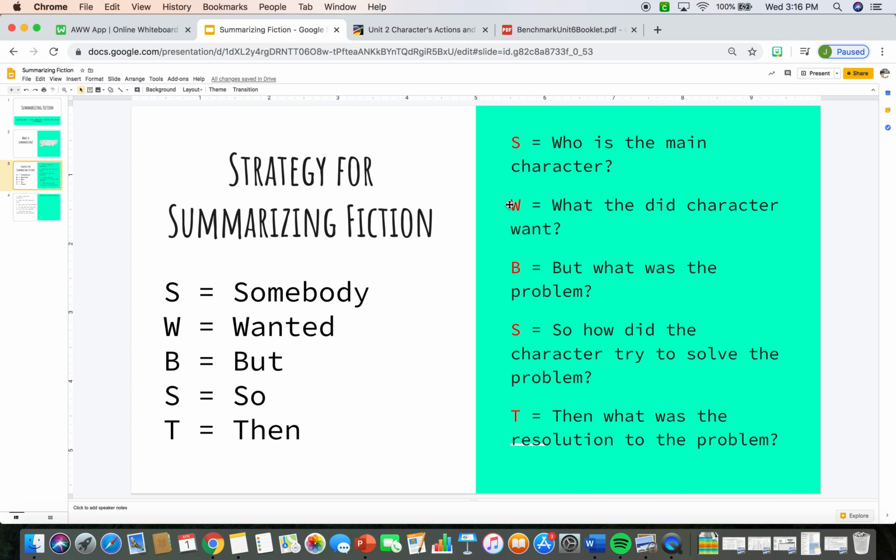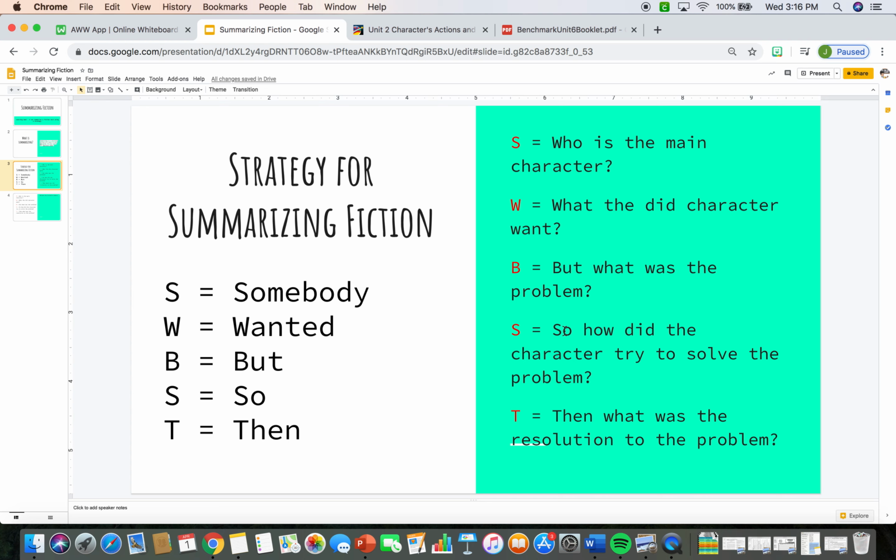This part may be tricky depending on the text, but you can usually use clues to help you figure out what the characters want. B stands for but: what was the problem? Every good story has a problem, and the characters are facing these problems. So what was the problem in the story you're reading?